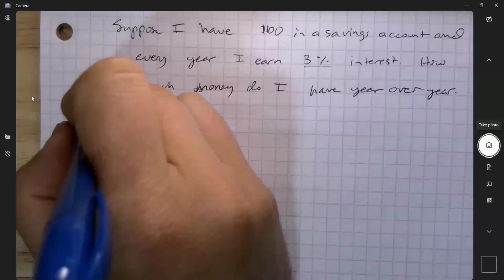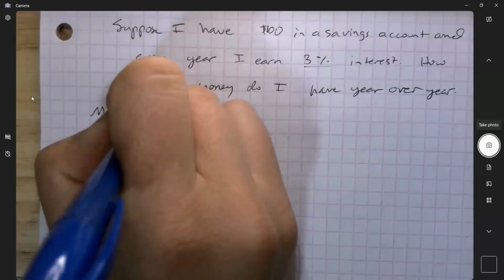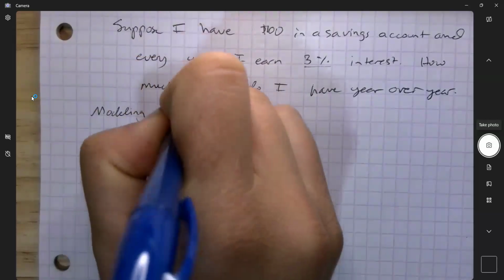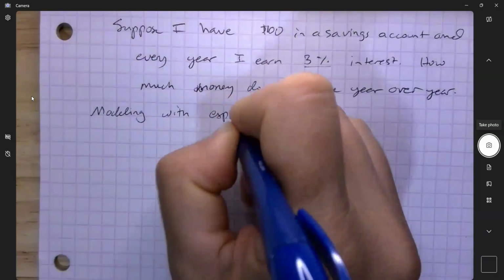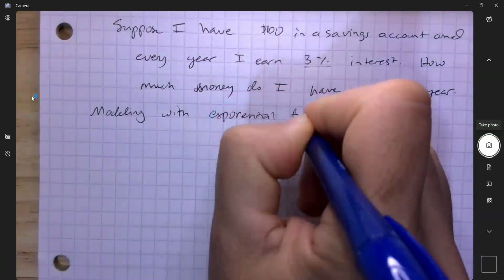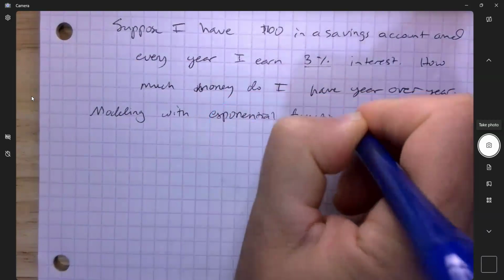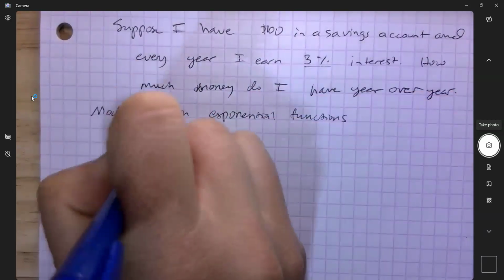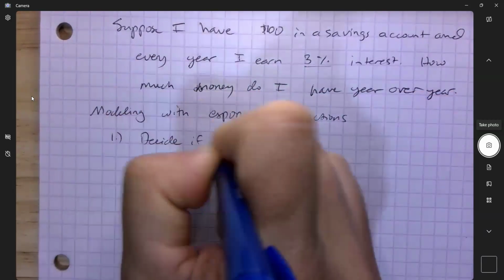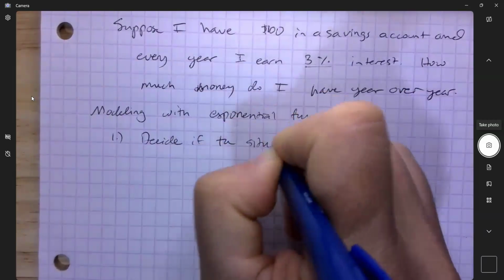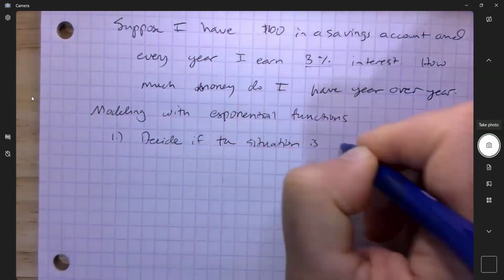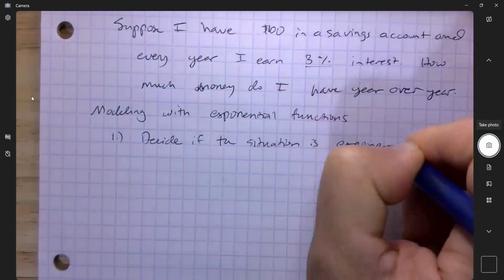So let me write down some guidelines for modeling with exponential functions. The first is simply decide if the situation is exponential.